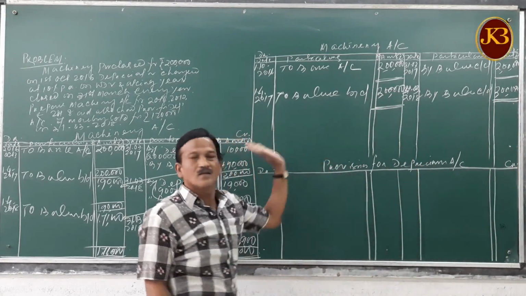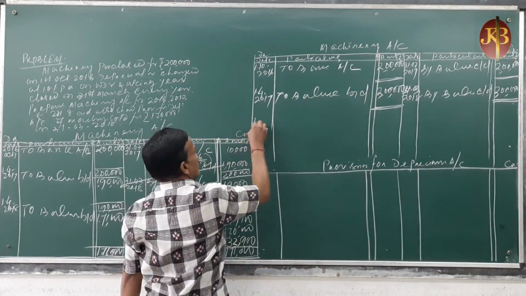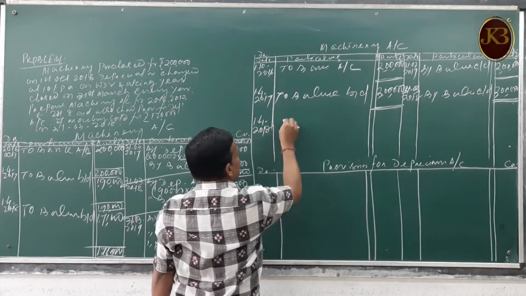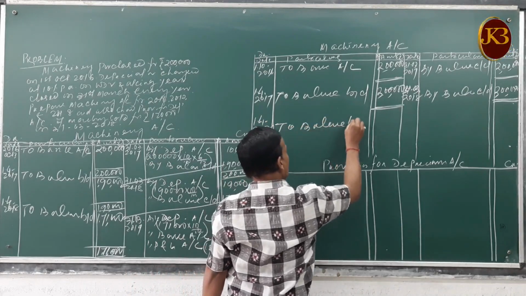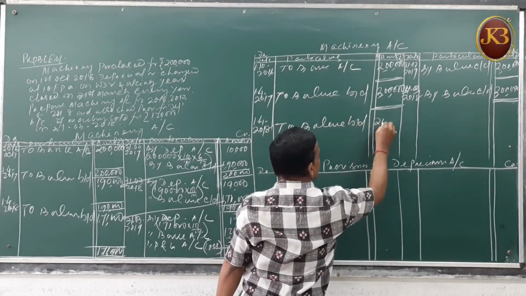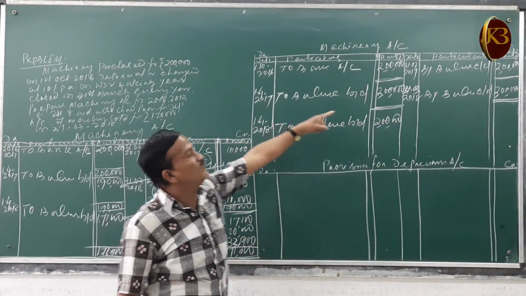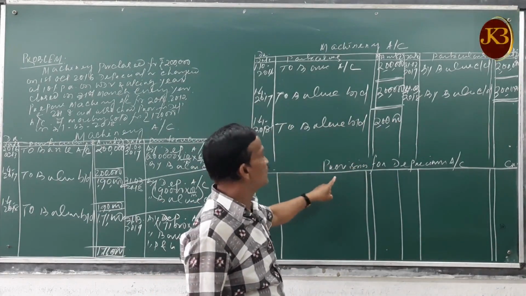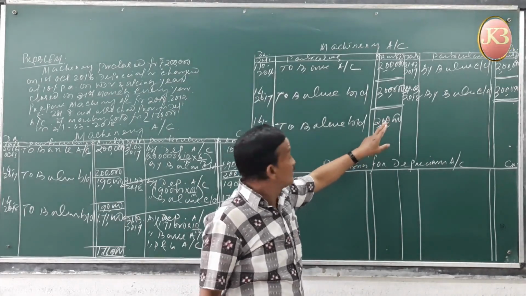So this is completed. First year, second year, same thing, no changes. Again, 1st April 2018, to balance brought down, 2 lakh. You can see here the same balance is brought forward, carried forward, while provision for depreciation is maintained.